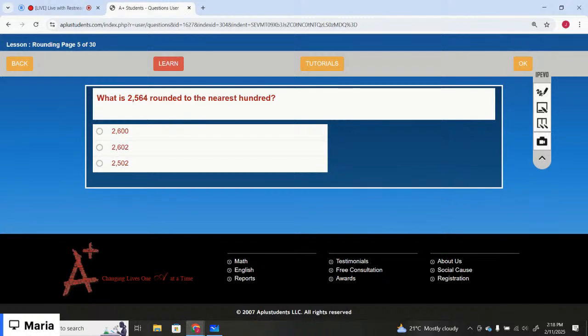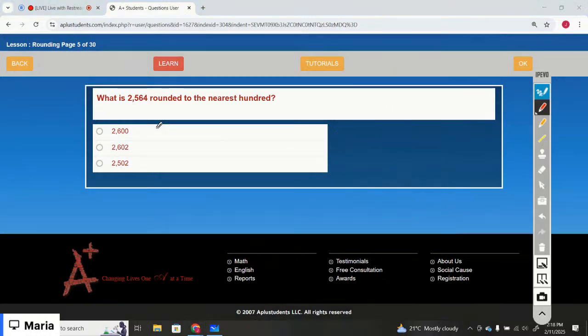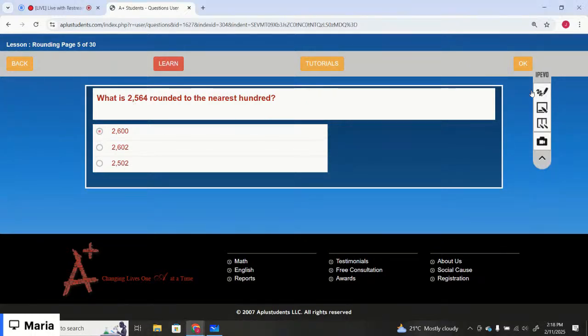You need to round to the nearest 100. The digit at the hundreds position is 5, and the next one is 6. 6 is greater than 5, so you need to round up. Very good. The correct option is 2600. Option number 1 is the correct option.